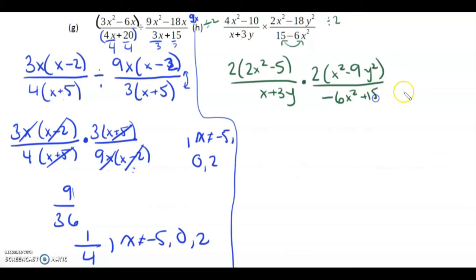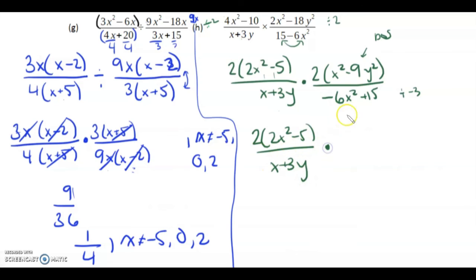Okay, in this one, I'm going to factor out a negative 3, and this one's actually difference of squares. So I'm going to rewrite this first rational as it is. Okay, then I'm going to write the 2, but this is difference of squares.